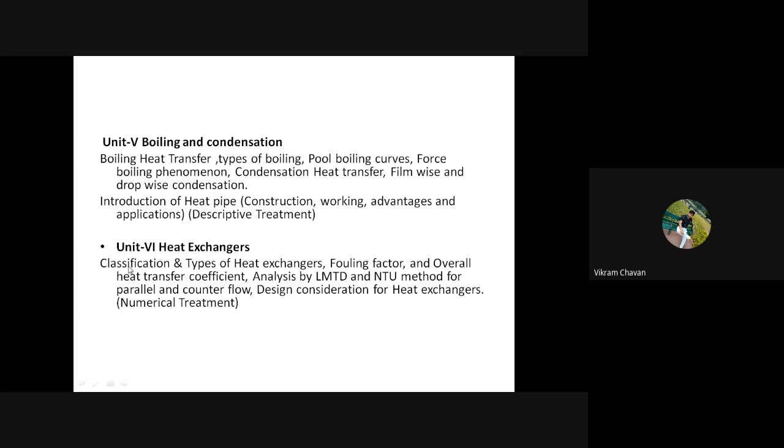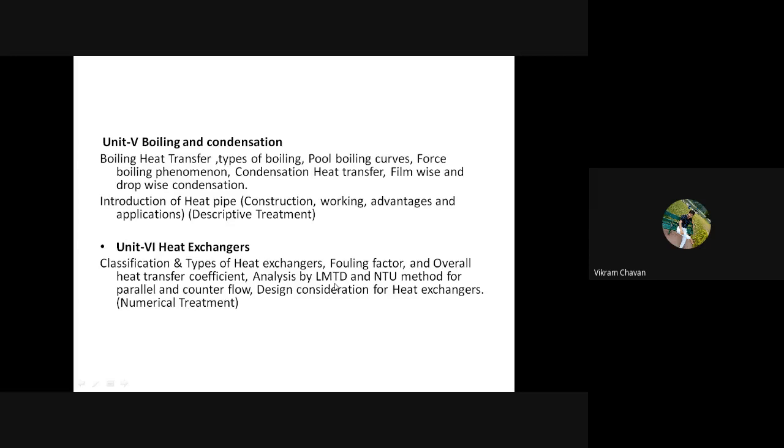then its classification, then technical factors like the fouling factor, then overall heat transfer coefficient, analysis by LMTD and NTU. LMTD means logarithmic mean temperature difference, and NTU means number of transfer units. These are the two methods we use to analyse the heat exchanger.